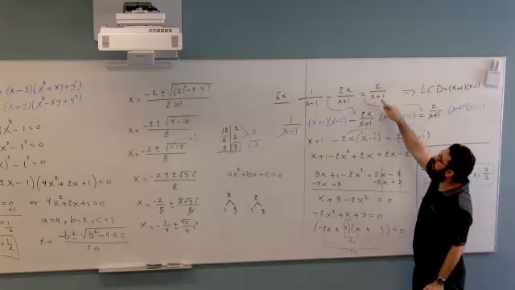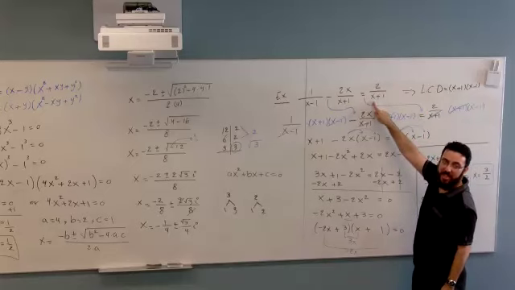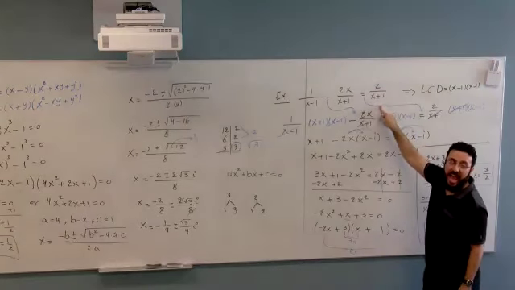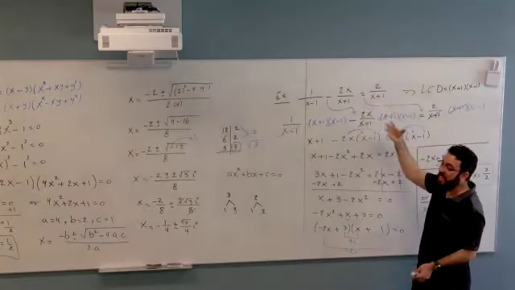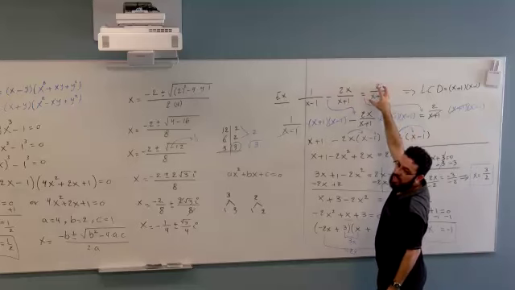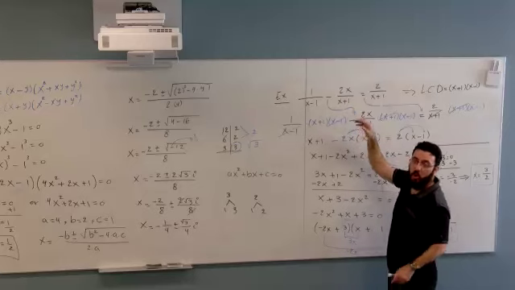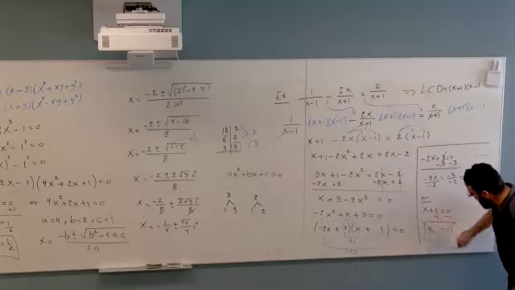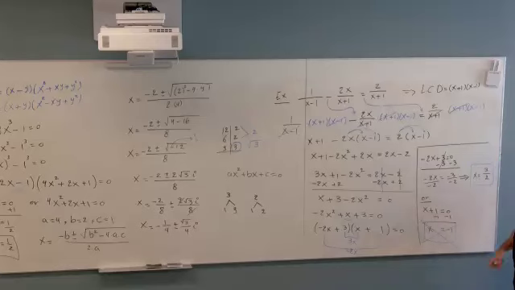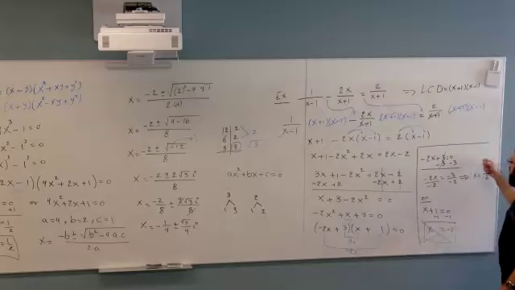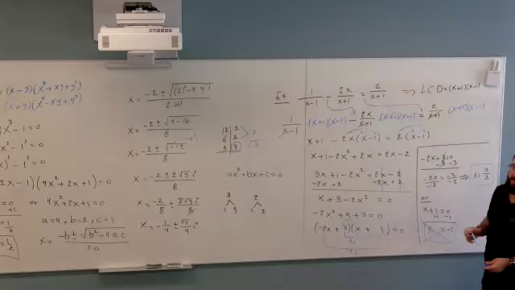Because when you plug in -1 here, -1 plus 1 is going to be 0. 2 divided by 0, undefined. In this case, this side is undefined. Here is going to be undefined too. So that means this one is not a solution. Okay? This one 100% is going to be a solution. You got it?